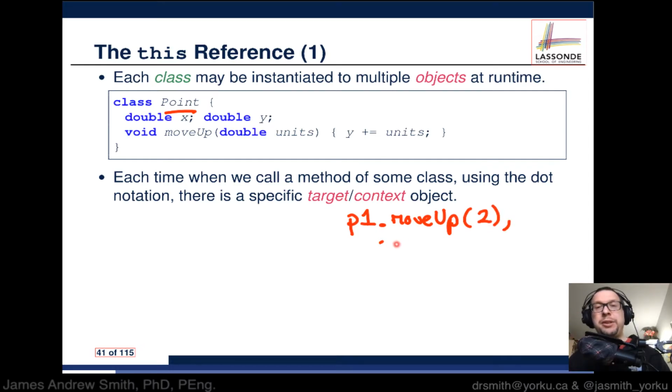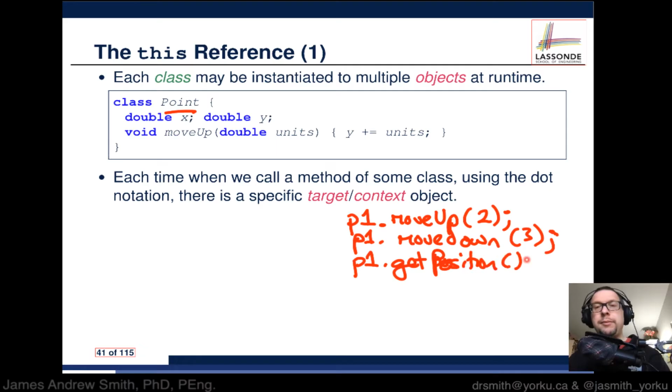Or we could have another method called moveDown 3 like that, that'd be p1 right there. Or say we had another method like this, getPosition. So we can have these actions that can be taken on specific instantiations of a class.